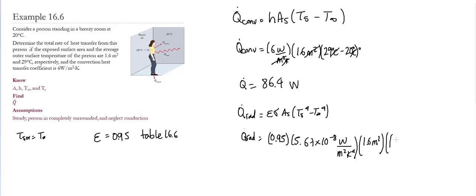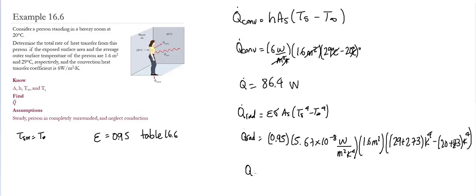However, they have to be in Kelvin. So we do 29 plus 273, and this is Kelvin, to the 4th, minus 20 plus 273, and this is Kelvin once again to the 4th.